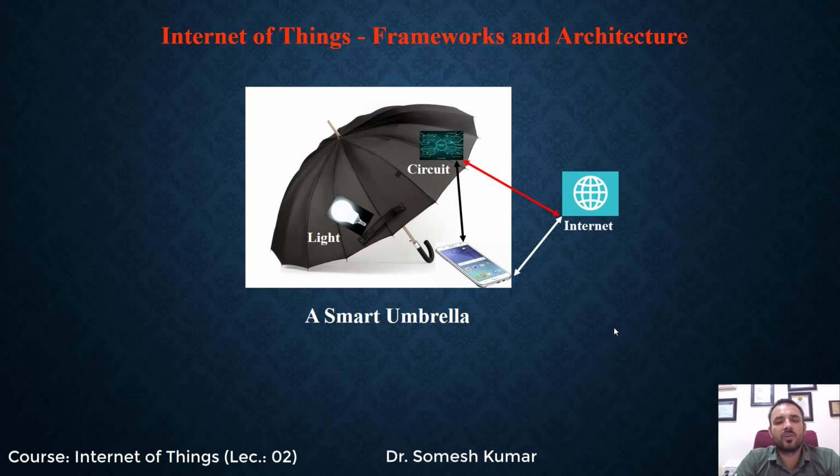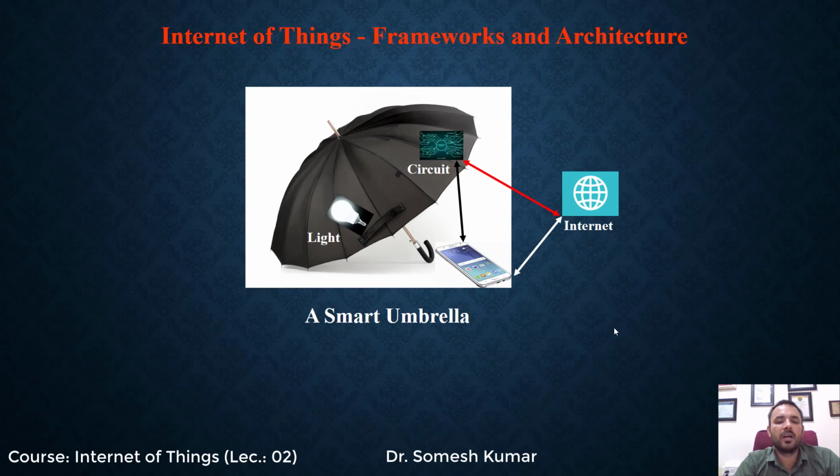This circuit consists of maybe the sensors or some processing things, actuators, and second is this umbrella. We can say this umbrella is our physical object. And this physical object is embedded with one circuit which consists of some sensors, some actuators, some processing unit. So this circuit communicates or talks directly with the internet or with your mobile phone.